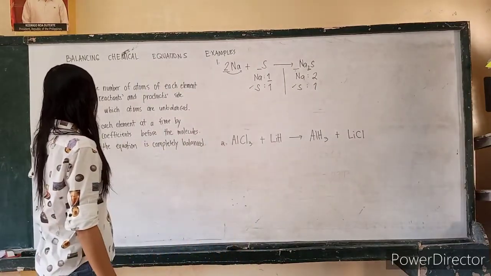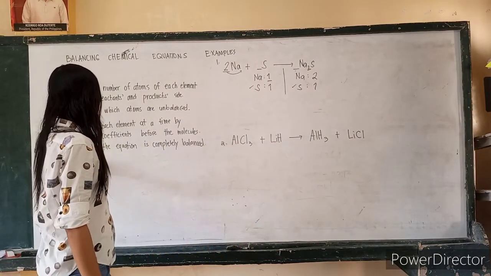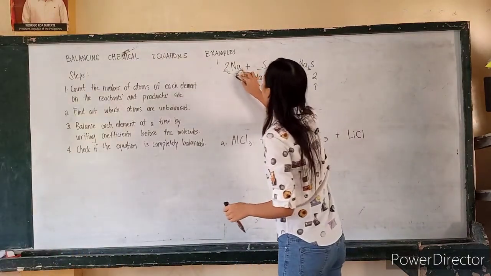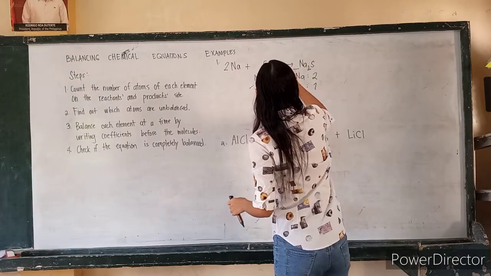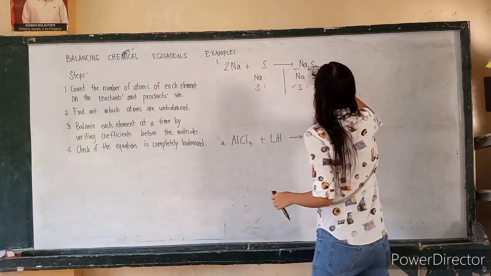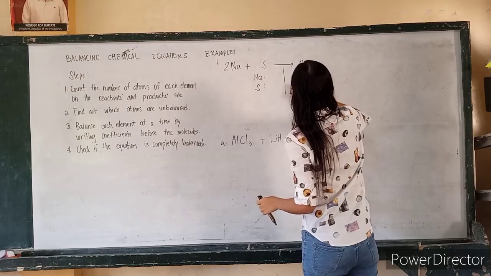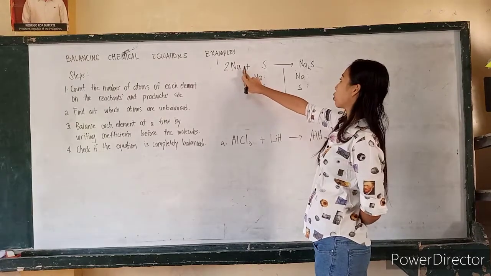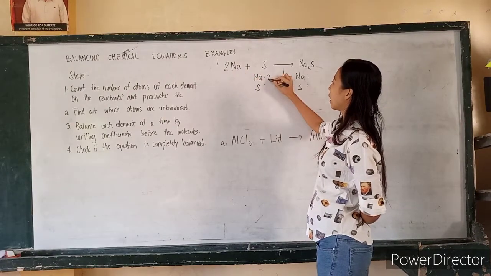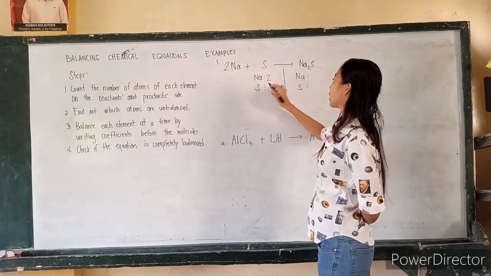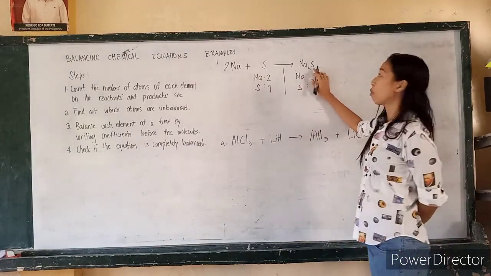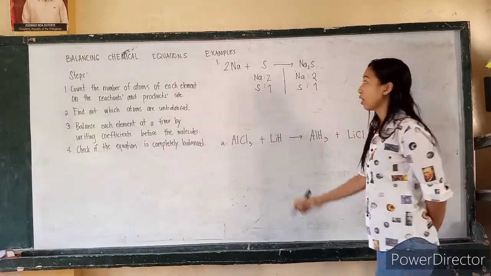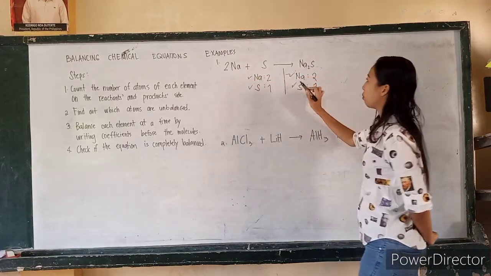After that, step 3 is balancing. Last is to check if the equation is completely balanced. Let's check if it is correct. We have Na: 2 times 1 becomes 2, so we have two Na. Our S is still one. Looking at the numbers of atoms, the Na is 2 and the S is 1 on both sides. Therefore, your equation is now balanced.